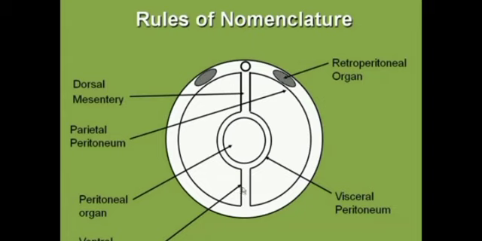Now it's important for us to understand that mesenteries serve a purpose. There's a reason that we have mesenteries. And that purpose can best be illustrated in this fashion. We know that the gut tube requires a blood supply. And we also know that the source of that blood supply is going to be from the aorta.